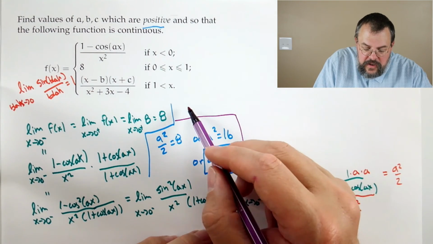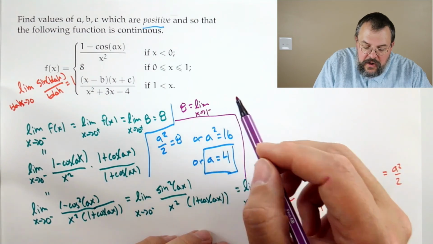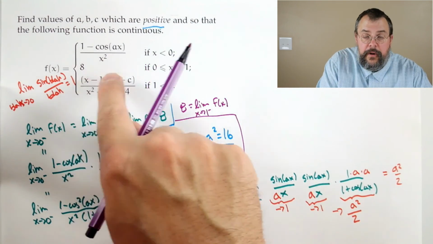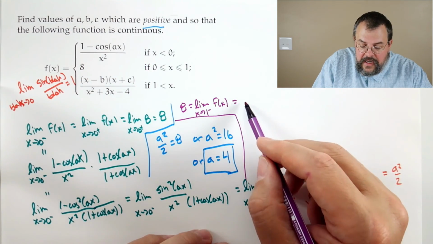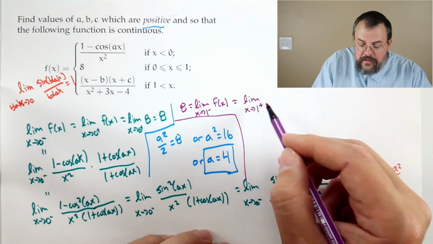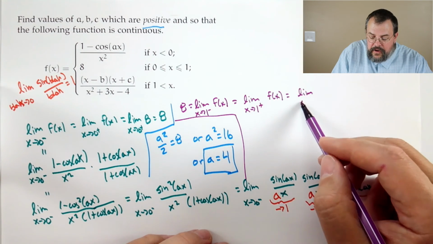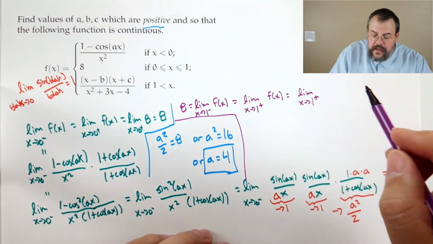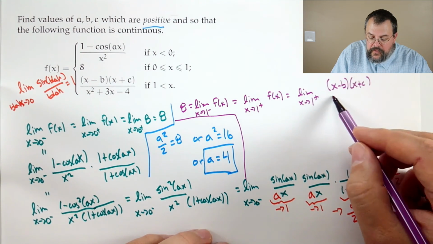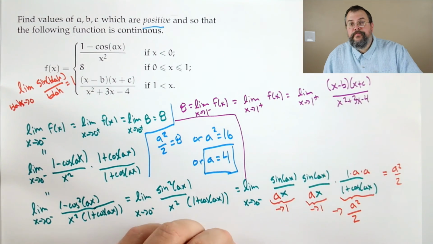So we look at 8, that's the limit as x approaches 1 from below of f of x, because here, as I approach 1 from below, I'm always 8. That needs to match the limit as x approaches 1 from above of f of x, which is the limit as x approaches 1 from above of (x minus b) times (x plus c) over x squared plus 3x minus 4.